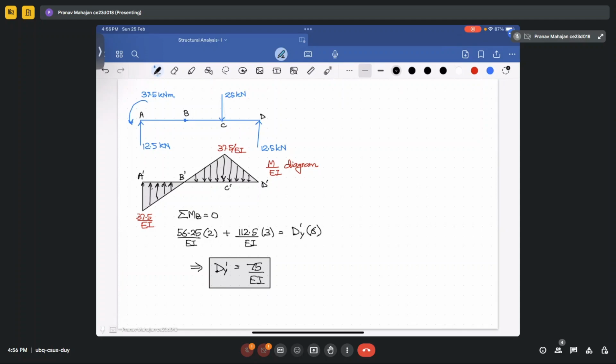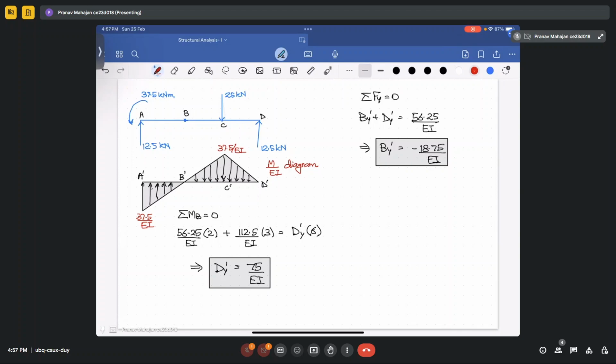Okay. Now take summation of vertical forces equal to 0. You will be having by dash plus dy dash equal to 56.25 upon EI. This will give you by dash equal to minus 18.75 upon EI. Okay, so now by dy you have calculated.